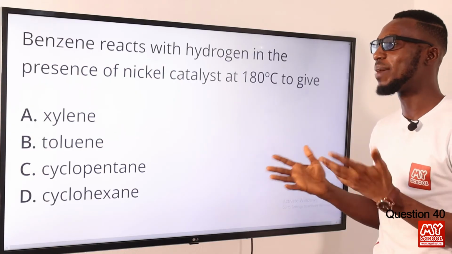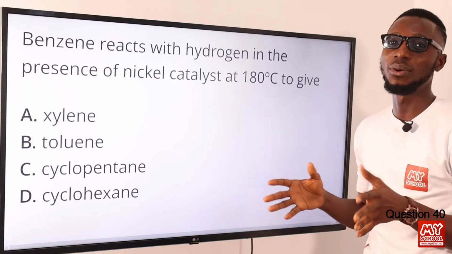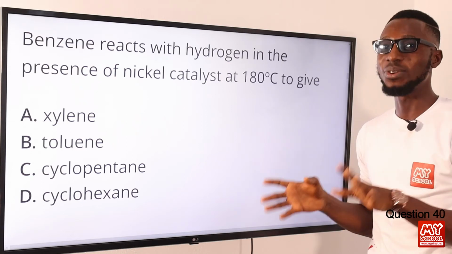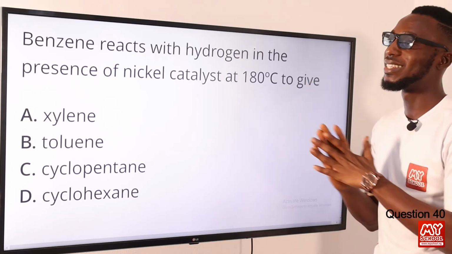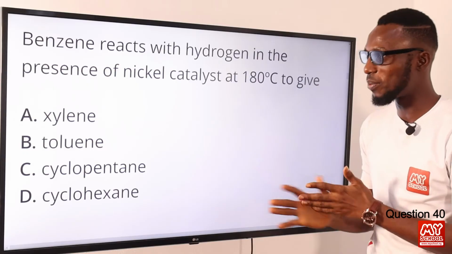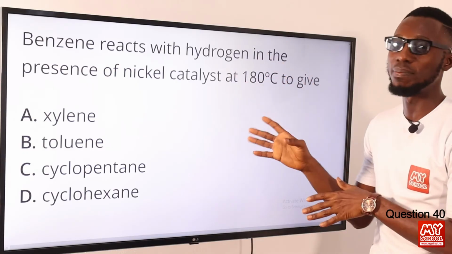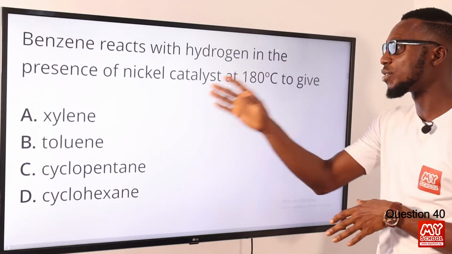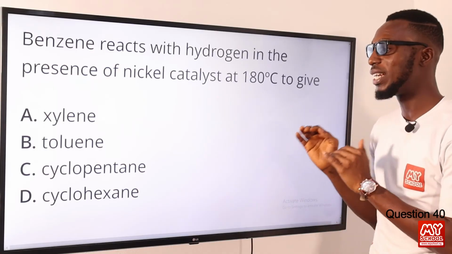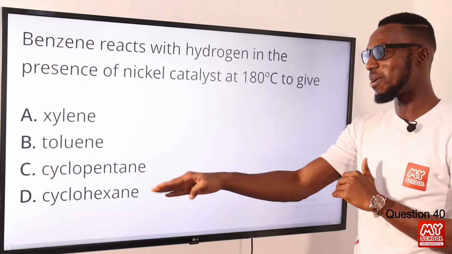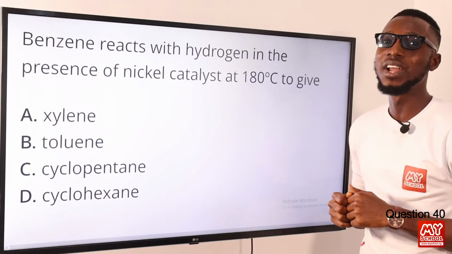Benzene can undergo substitution reactions and addition reactions. What we are saying here is an addition reaction involving benzene vapor and hydrogen in the presence of nickel catalyst to give cyclohexane. So the correct option here is option D for cyclohexane.